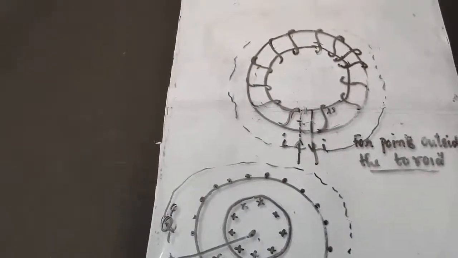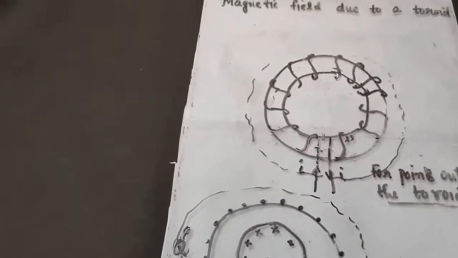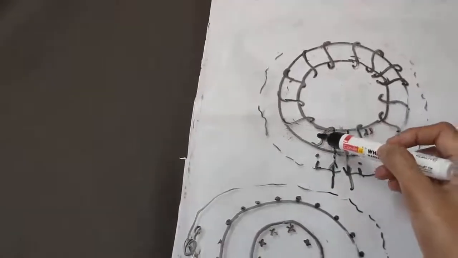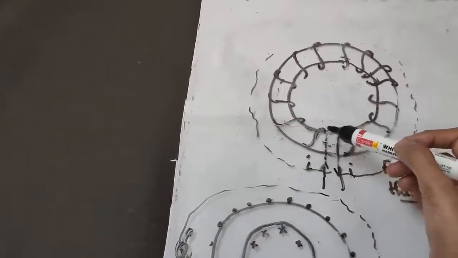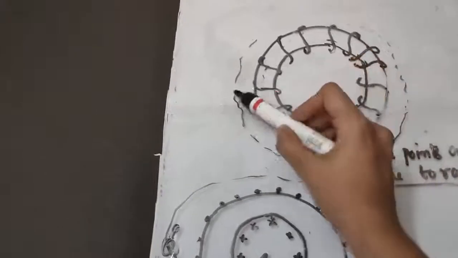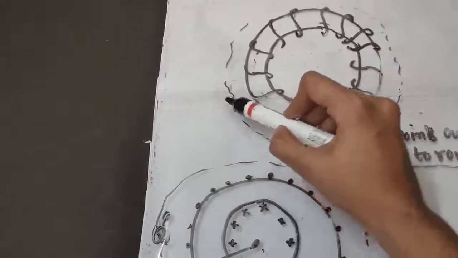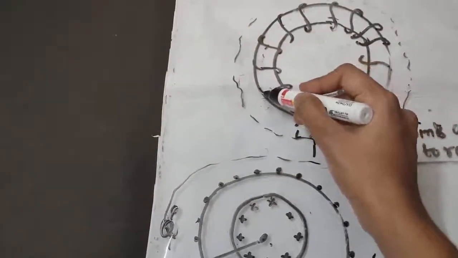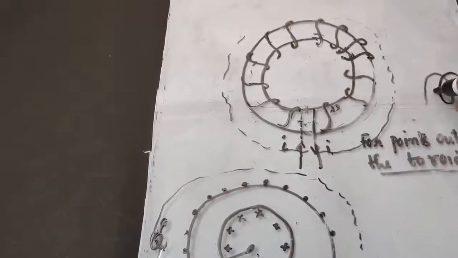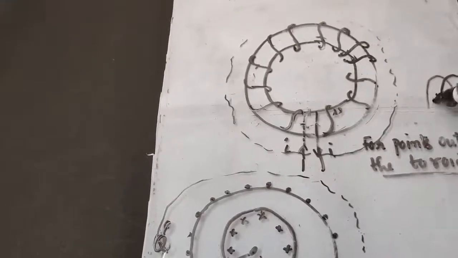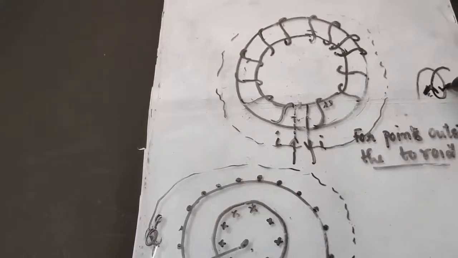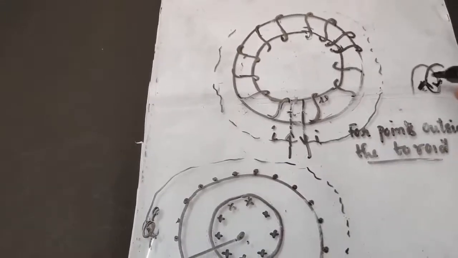Then for our convenience, let us consider this figure, where this Amperean loop lies outside the toroid. Then you can see that for this case, each turn of the toroid passes twice through the area enclosed by the Amperean loop. Passes twice means that you have a portion of that turn which is entering, and one more portion of that turn which is leaving.